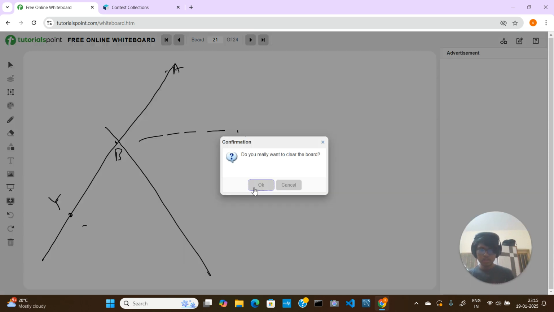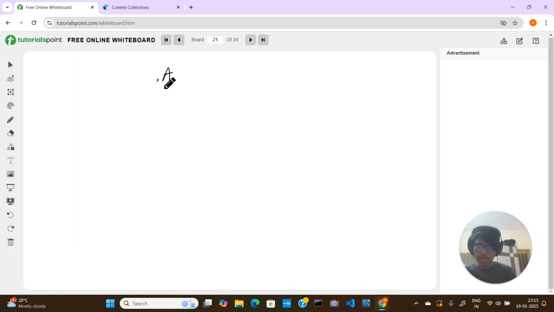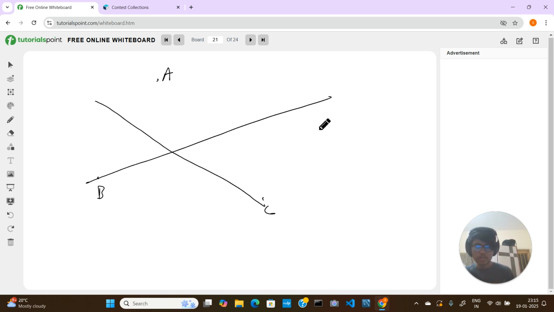So let's see. We have these 3 points A, B and C. We first constructed the bisectors of ABC and ACB, and they meet at I. We constructed a point Y on this line. We mark this point Y. We constructed the excenter.